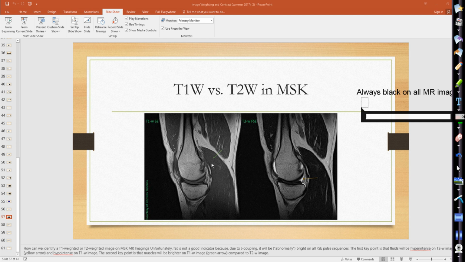If it's not as dark and is a little bit higher in terms of signal intensity and looks a little bit more gray, it's a T1. Okay? Just another clue to go off of in terms of identifying for MSK. T1 is a higher intensity signal for muscle. Just for muscle. I'm just talking about one tissue. A T1 muscle is going to be brighter than T2.